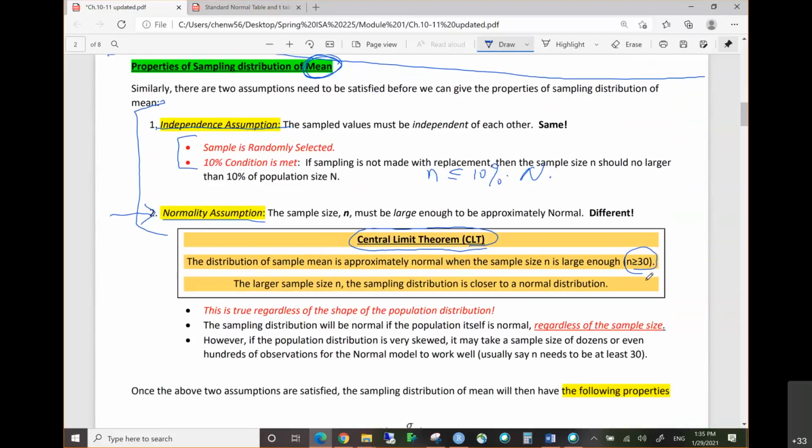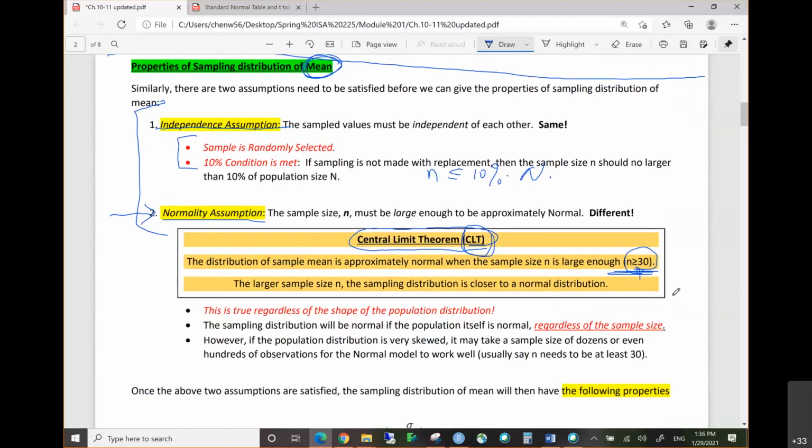In other words, if the sample size n is at least 30, we can always apply the central limit theorem to say the sampling distribution of the mean follows a normal distribution. It is easier than the last one. When we check the sampling distribution of proportion, what we need to check is just the sample size.